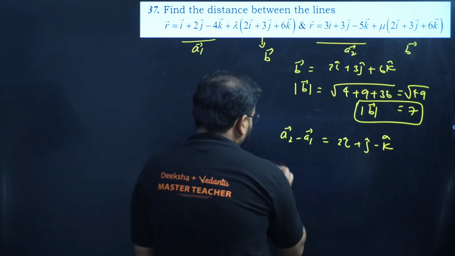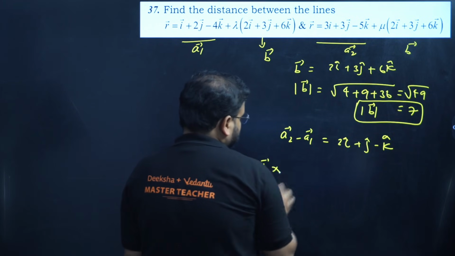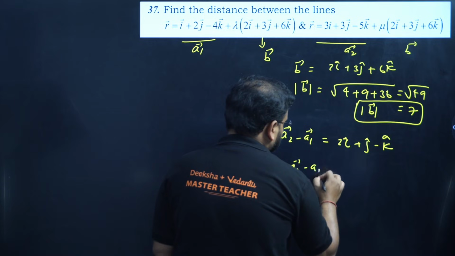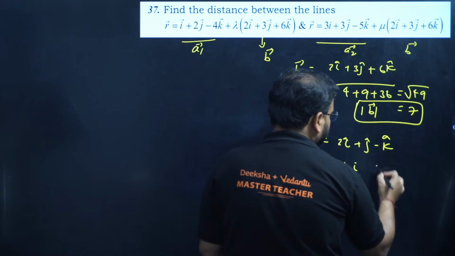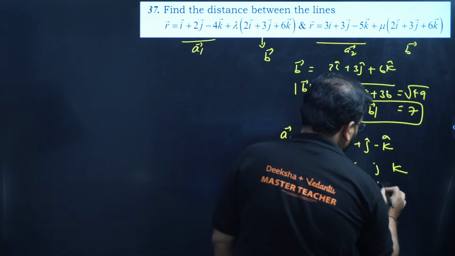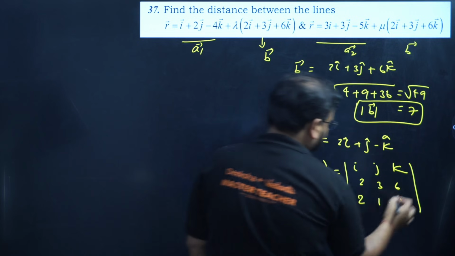Now what am I getting? Vector b cross a2 minus a1. And how do we find that? i, j, k. Vector b is 2, 3, 6. And this is 2, 1, minus 1. Let's find this value.